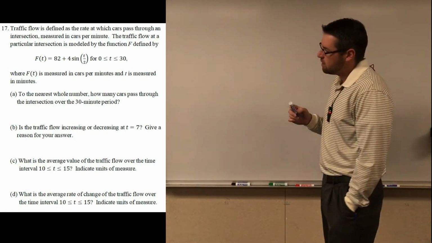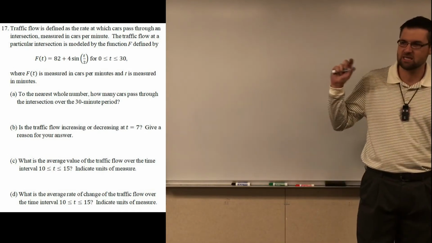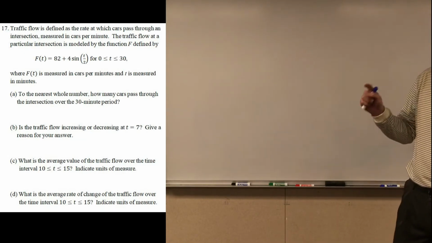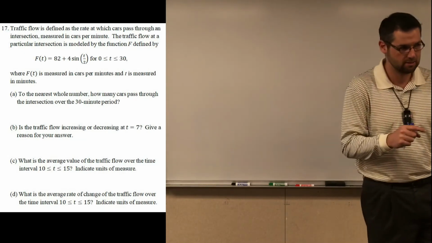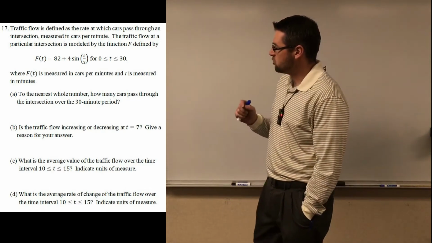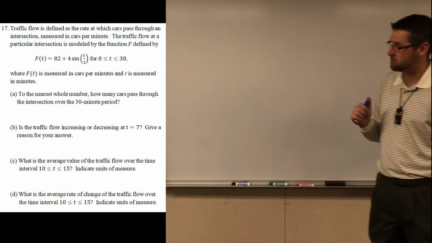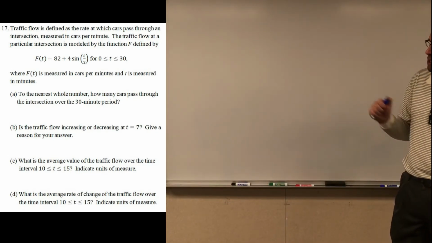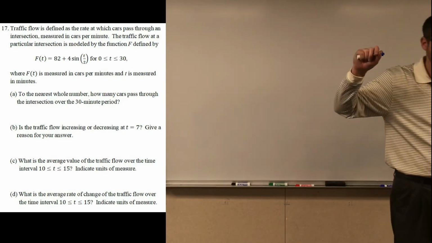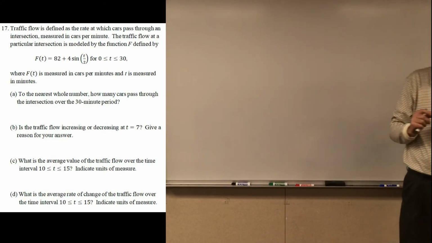So number 17, the traffic flow, and for whatever reason, this sentence tends to cause a little confusion on this particular problem. The traffic flow is defined as a rate. That's important. Traffic flow is a rate measured in cars per minute. The traffic flow at a particular intersection is modeled by F. So, I give you F. Is F a rate, an acceleration, I guess you could say, or is it a position type of function?